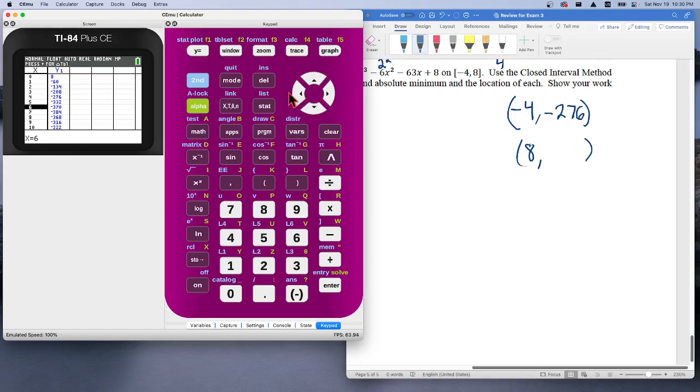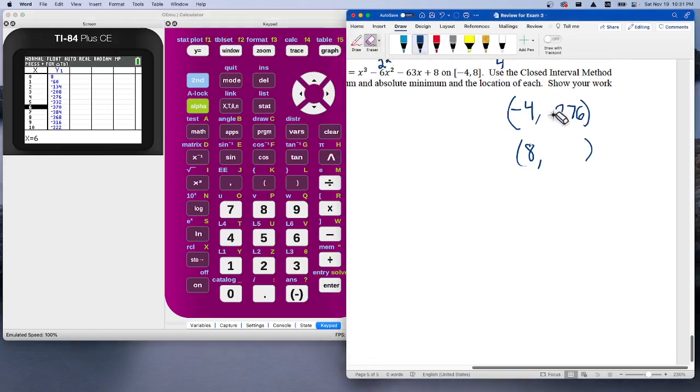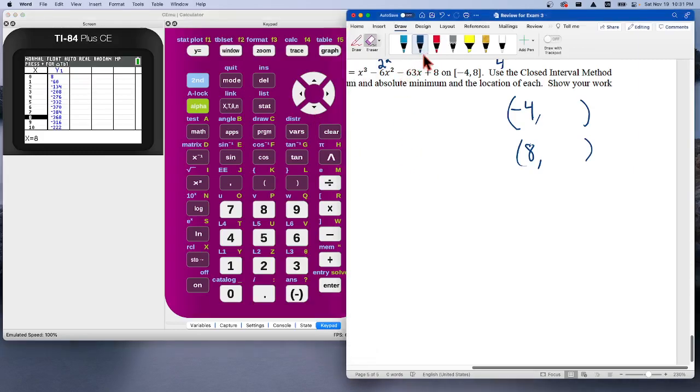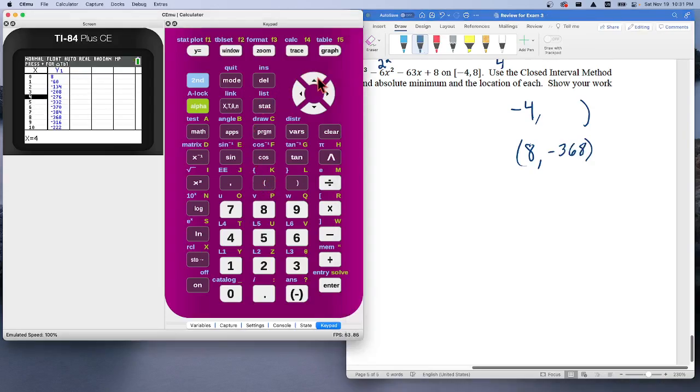Oh wait, from -4, sorry, -4. Be careful. Well, while we're here, let's get 8. 8 is negative 368, so let's do that one. And we'll see that that's a potential for an absolute minimum probably.